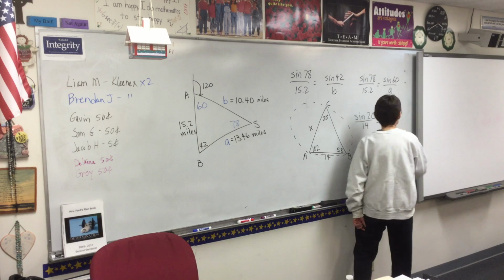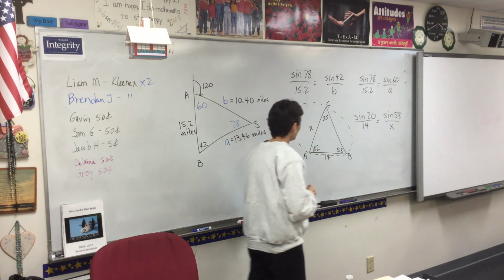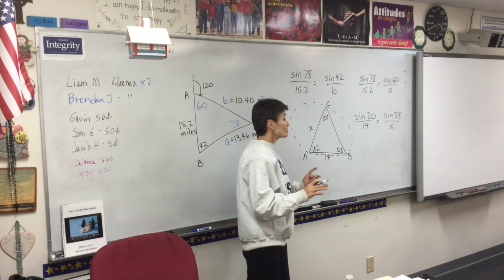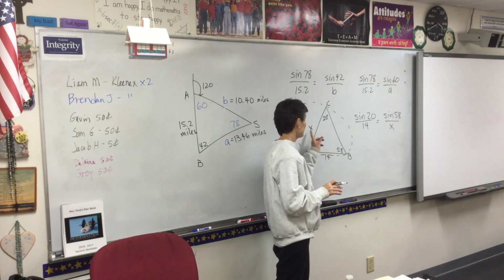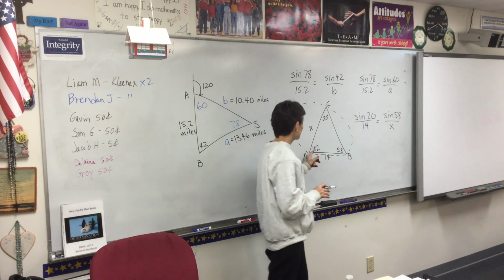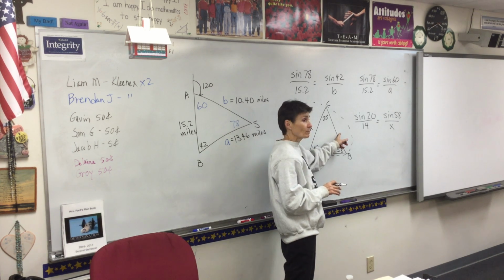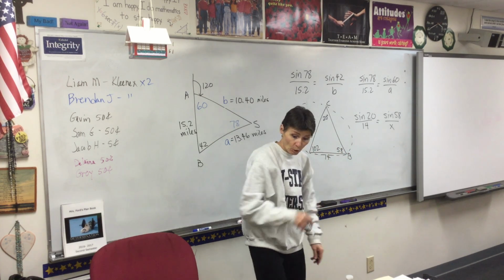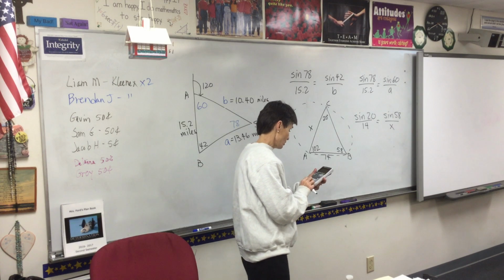Now, this is the first problem where we haven't wanted to know both sides. So we're going to start with sine 58 over x because that's the one I'm looking for, right? I could do sine 102 over this, but I don't need that, so I'm not going to. I'm going to say sine 58 over x. Perfect. Type it in, see what you get.